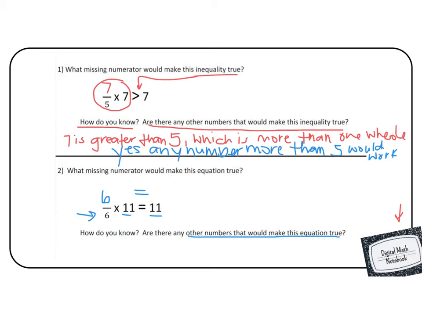No, the only way to make one whole would be 6 over 6. So let's explain, how do we know? So 6 over 6 equals 1. And 1 times 11 equals 11. So that's how we know that we're correct.